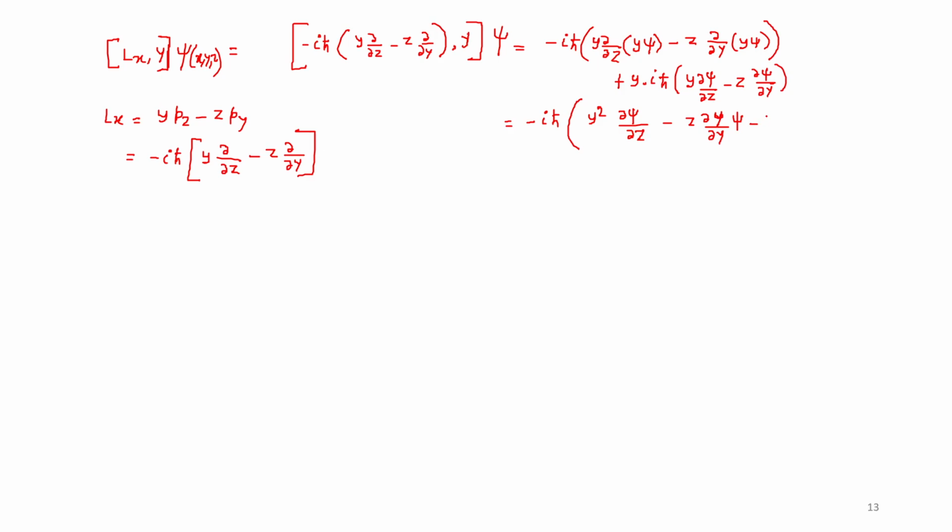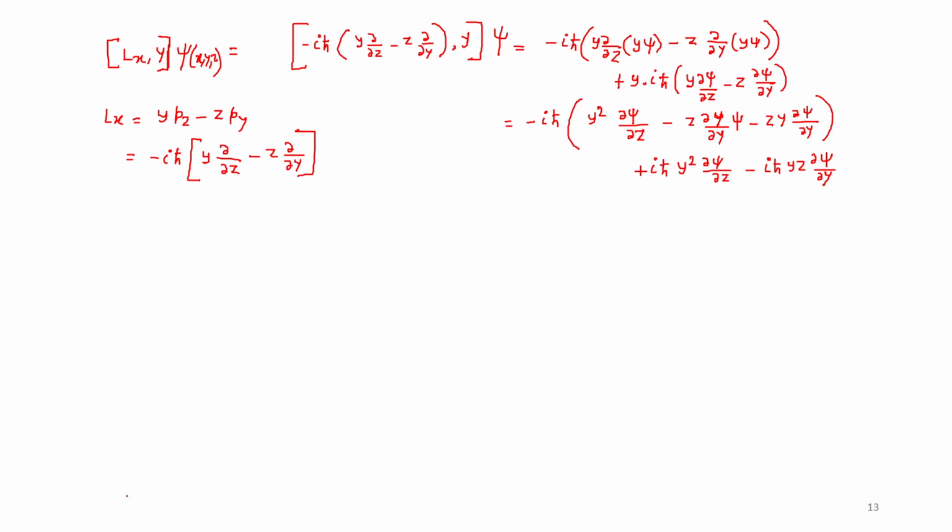And then we have z y del psi by del y. Now what do we have outside? We have plus i h cut y square del psi by del z, and minus i h cut y z del psi by del y.